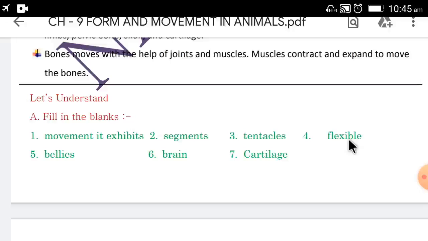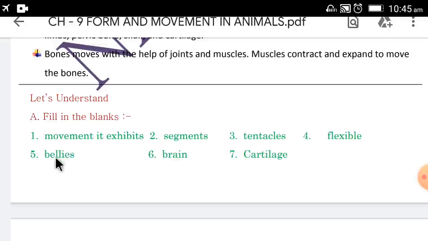Let's see the next. Fourth, a fish has fins and a flexible backbone, not fixed. The answer is flexible backbone.